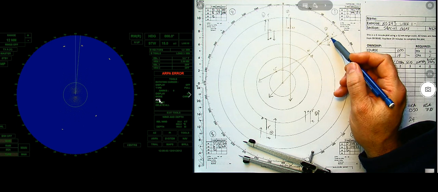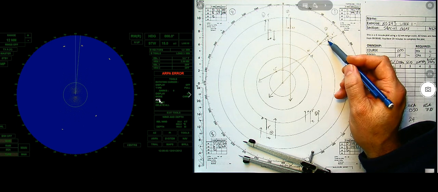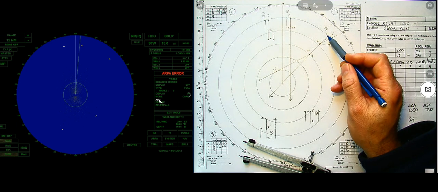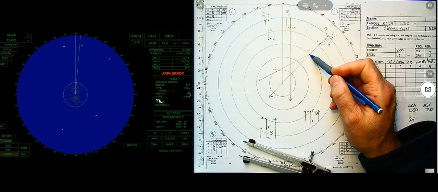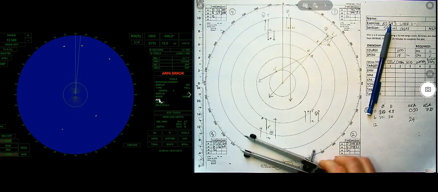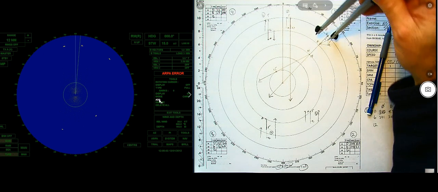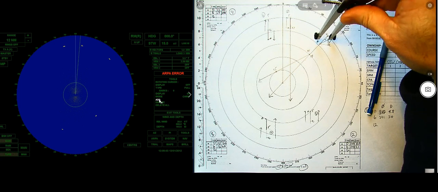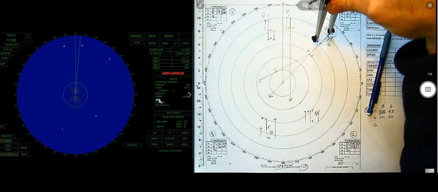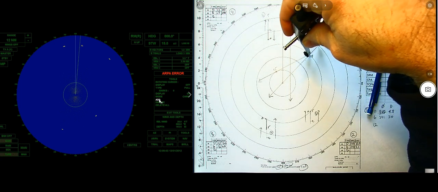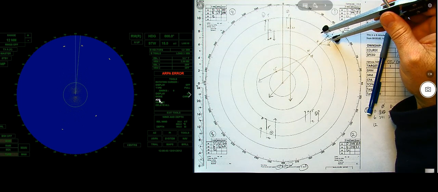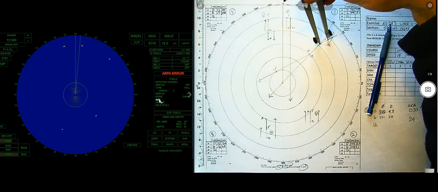Well, what if, instead of changing course, I slowed down? Okay. Well, MX is still going to be 14 minutes, but now my new speed is going to be R prime prime to M, okay? So I used RM to get to here, which was 14, but now my relative motion is really slowing down.